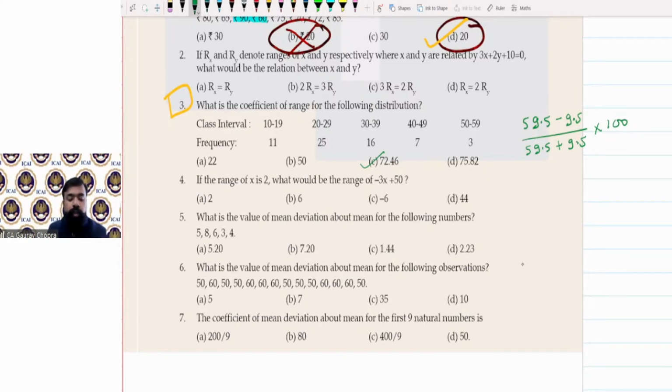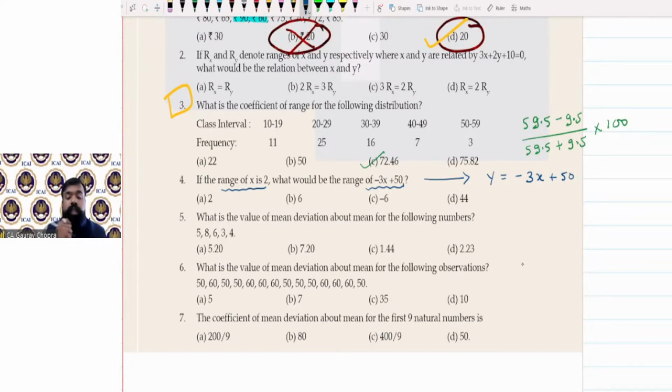Then the fourth one. If the range of x is 2, what would be the range of minus 3x plus 50? The range of x is 2, then find out the range of minus 3x plus 50. So we can write this as y equal to minus 3x plus 50.